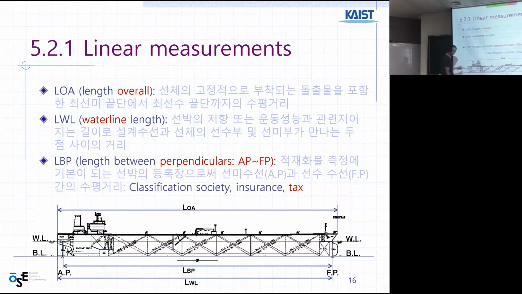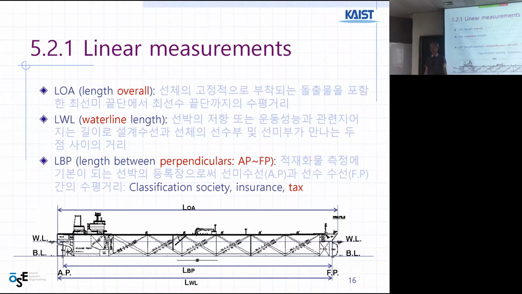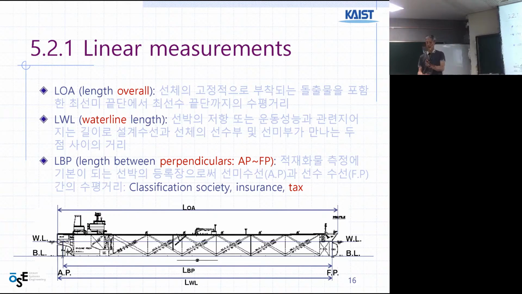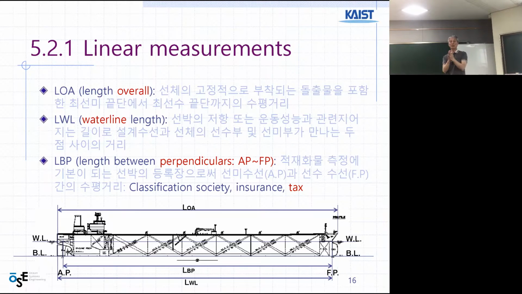So each one, you may see these small ticks, right? These are some meaningful measures. They equally divide the ship into several numbers because they want to make transverse frames. A transverse frame is similar to a rib, right?